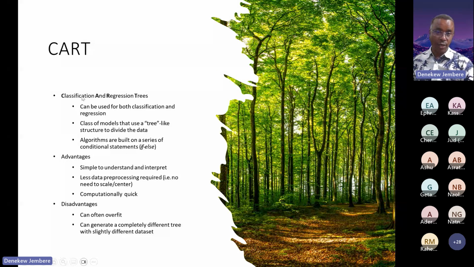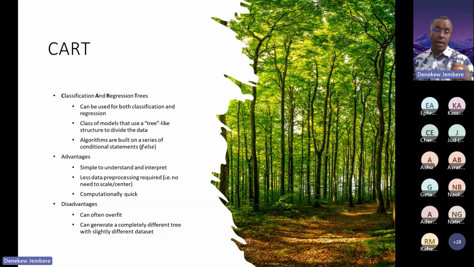The algorithms are built on a series of conditional statements, which is if, else. If a condition gets satisfied, you go one direction, else you go to the other direction of the tree. So the tree always gets divided into two directions: one that satisfies the condition, the other that doesn't satisfy the condition. There is no in between.